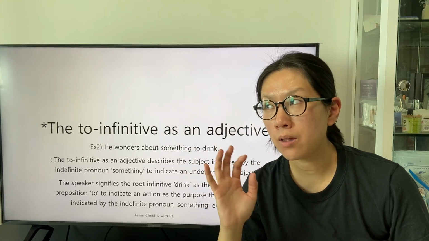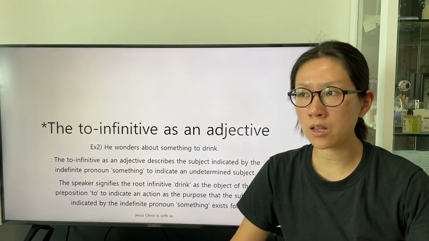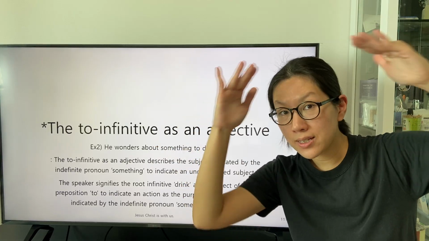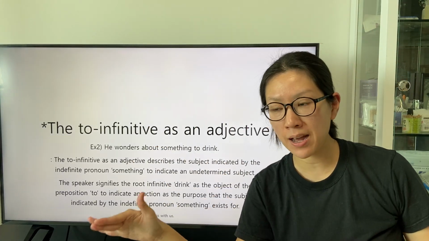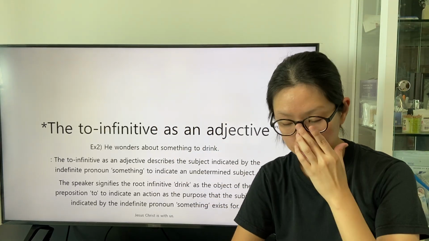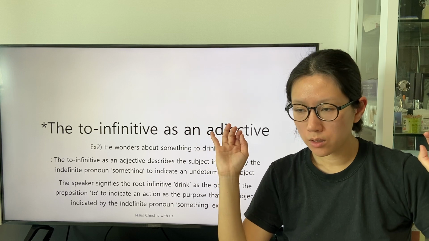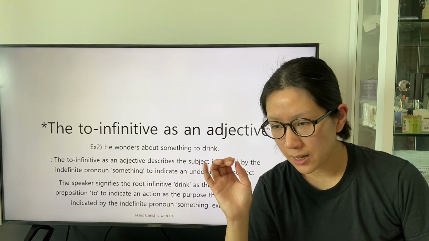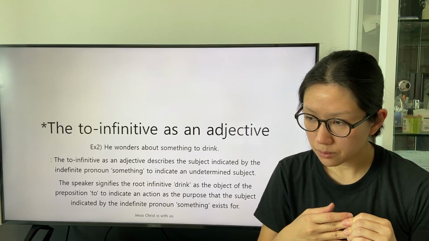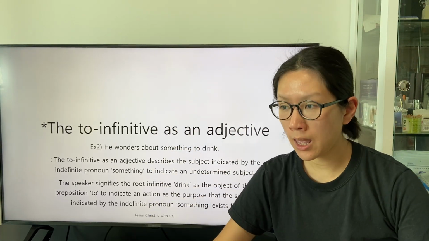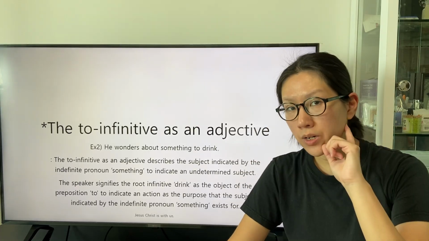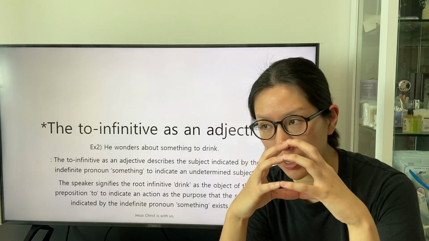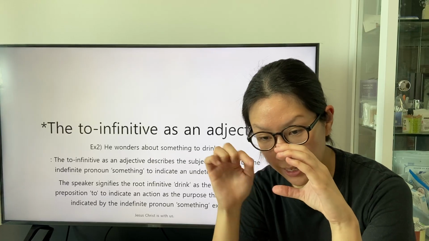That is not a person. There can be many objects in the world that are not people, and a part of the object indicated by the indefinite pronoun thing is predetermined, and the speaker indicates a part of the predetermined object indicated by the indefinite pronoun thing.